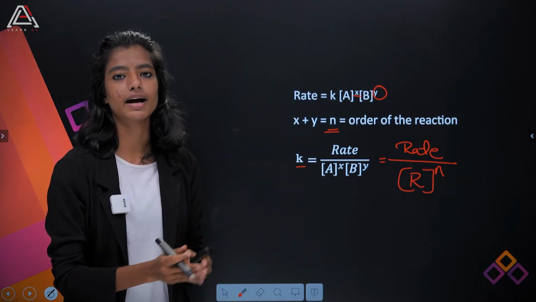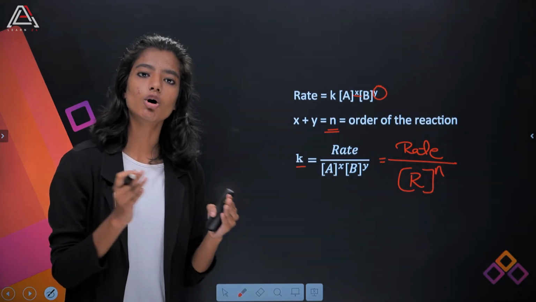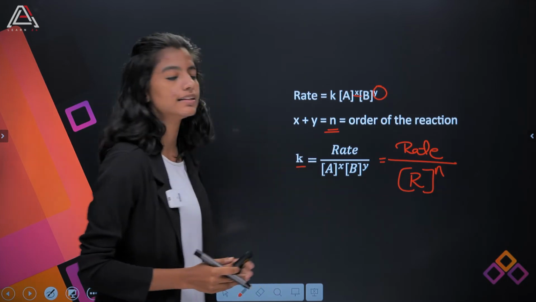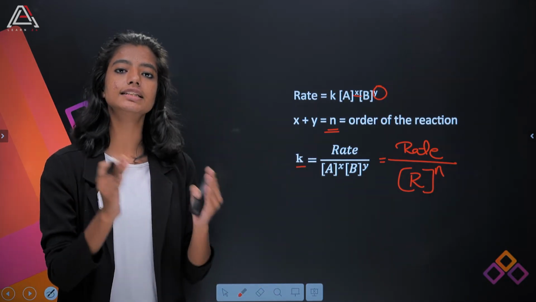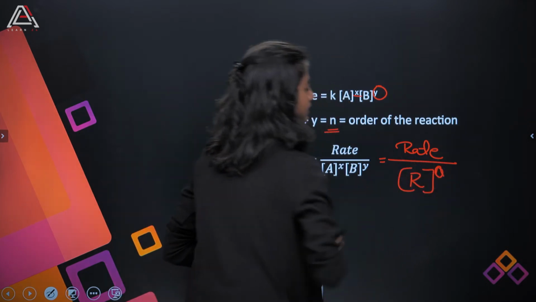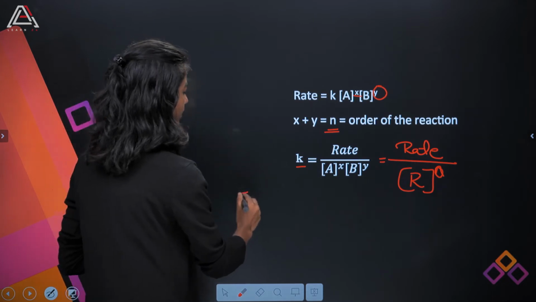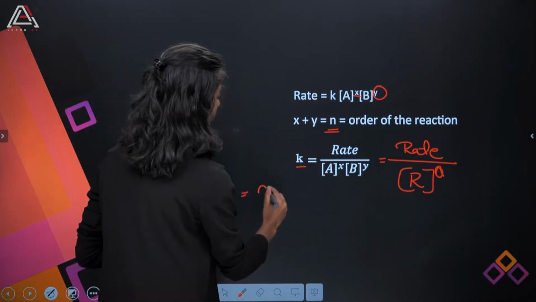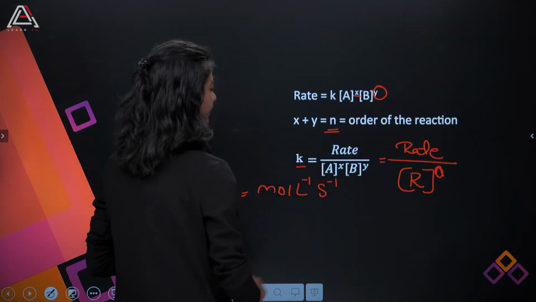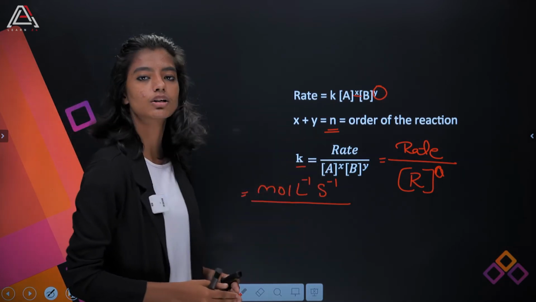Now we have to determine the unit of these chemical reactions. So if the order changes, the units also change. Now let's learn about the unit for the zero order chemical reaction. So put the order as 0 over here. And what was the unit for rate? Do you remember the unit of rate? It is mole liter inverse second inverse, right? It is divided by the concentration.